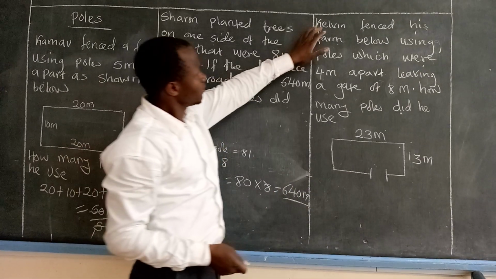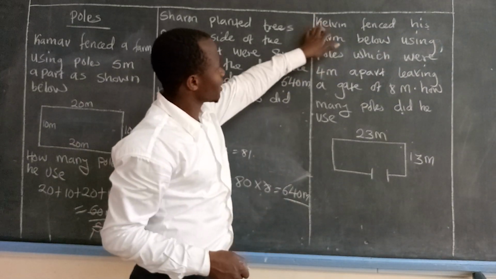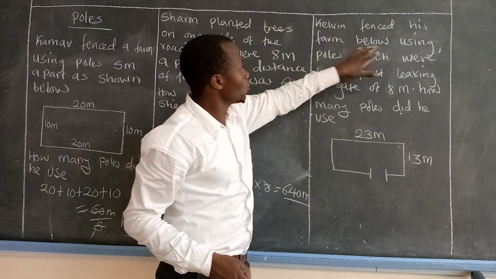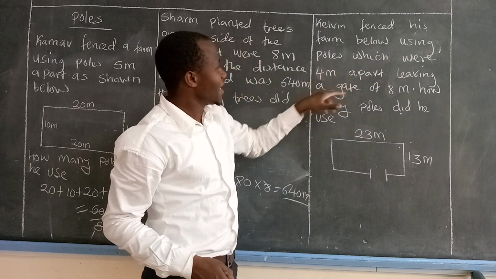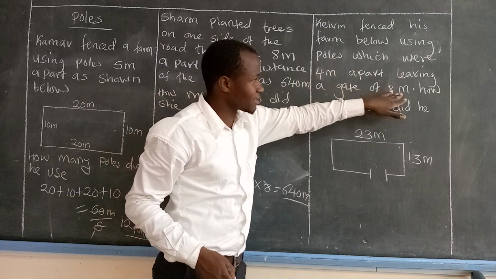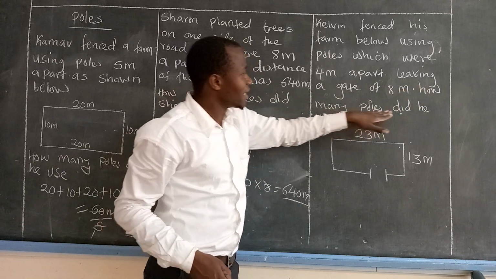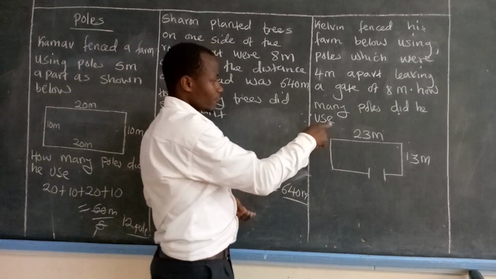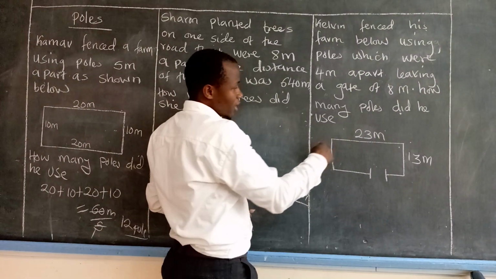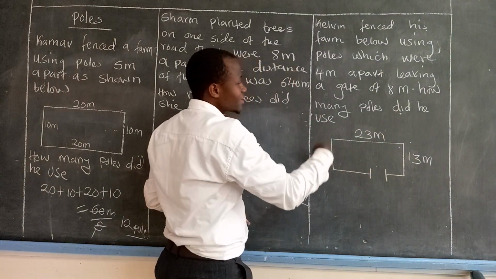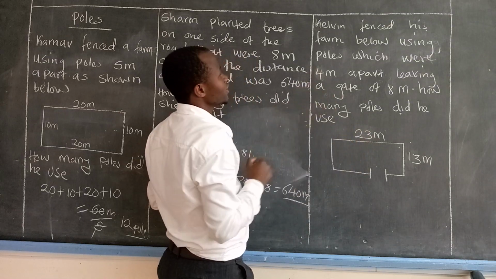Now, let's go to another question. Kevin fenced his farm below using poles which were 4 meters apart, leaving a gate of 8 meters. How many poles did he use? This is Kevin's farm. As you can see, he fenced his farm using poles.